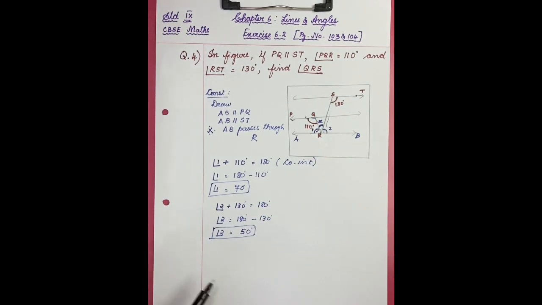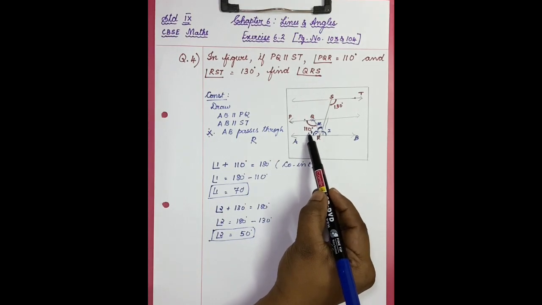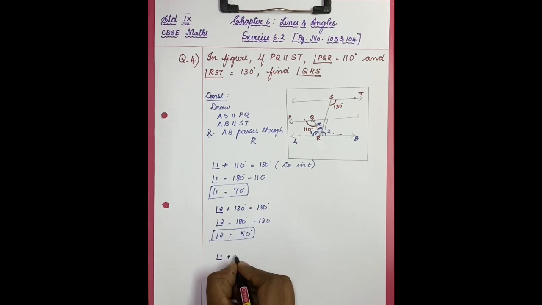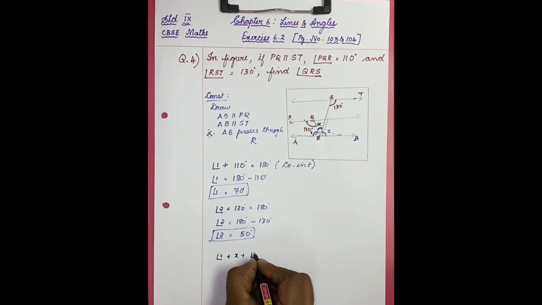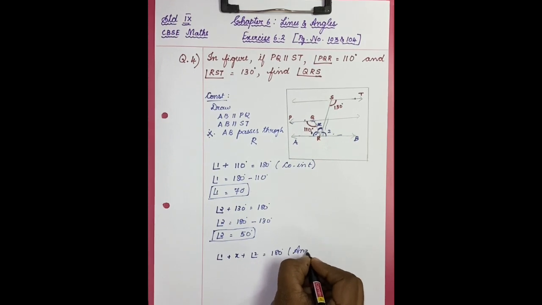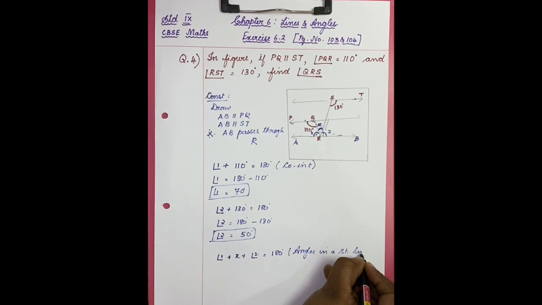To find the value of x, what I know is that all three together lie on a straight line. So angle 1 plus x plus angle 2 is equal to 180 degrees, angles on a straight line.